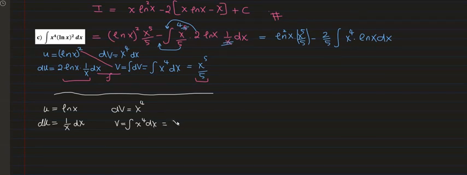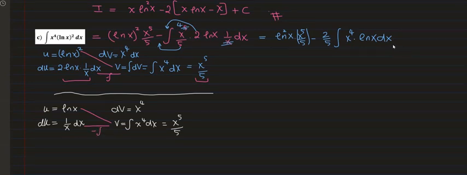Now in this integration we add 1 to the power if it's not -1 and divide by the new power. And then we use the formula to write it as u times v minus the integration of v du.